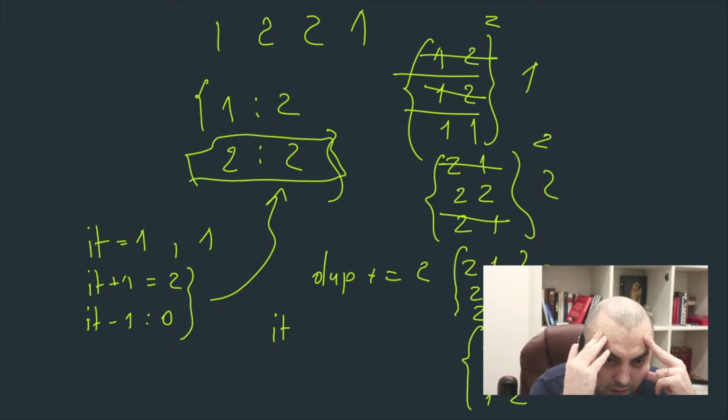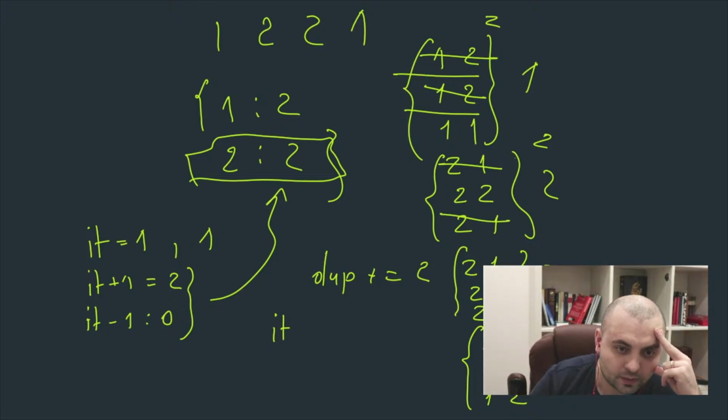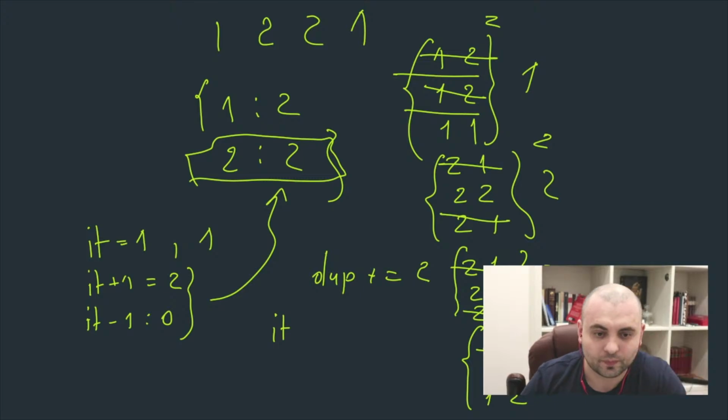Okay, so yeah, they do not double count. Because if they did, then this and this and this 2 would have been like 8.